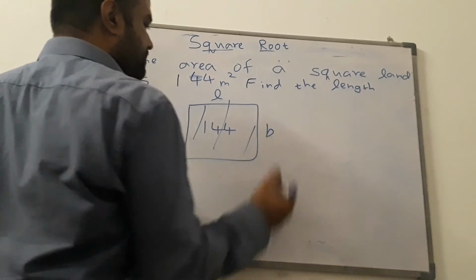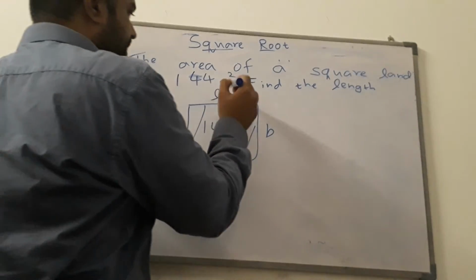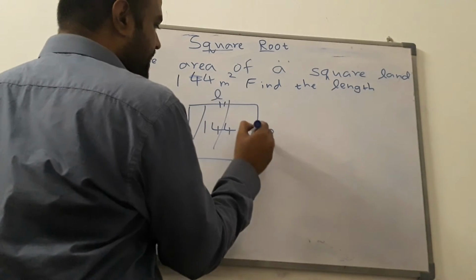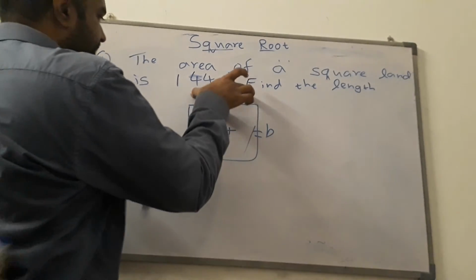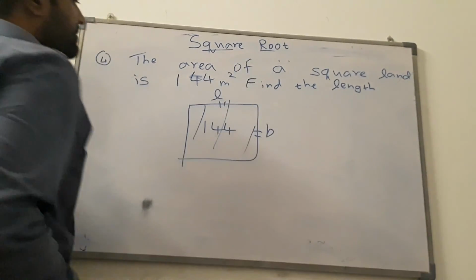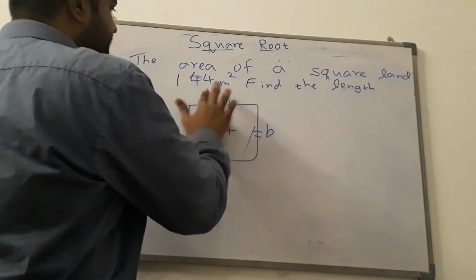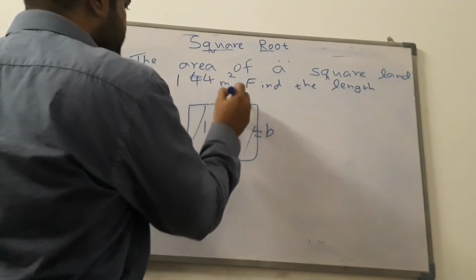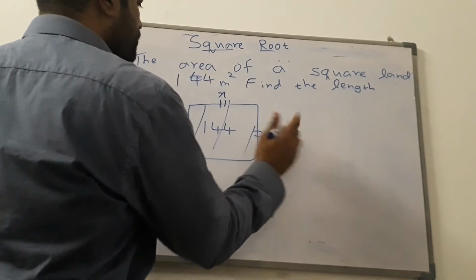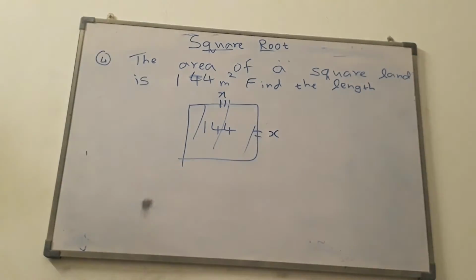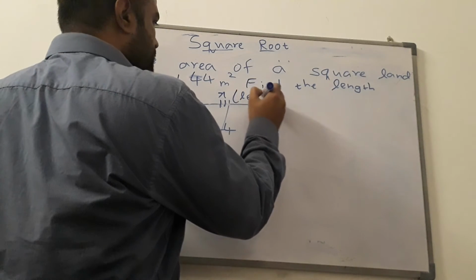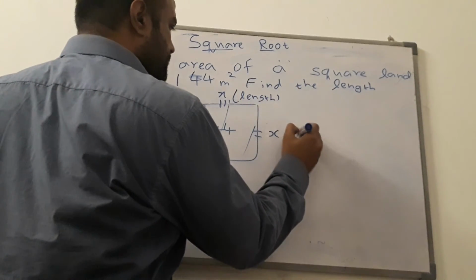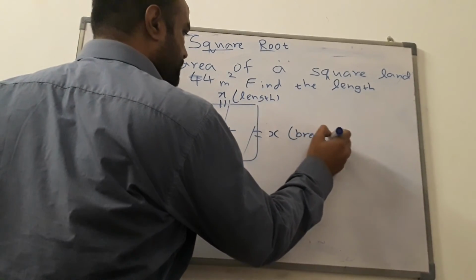Length and breadth are equal in magnitude, equal in size. So if length is equal to x, breadth is also x. This is length, this is breadth.